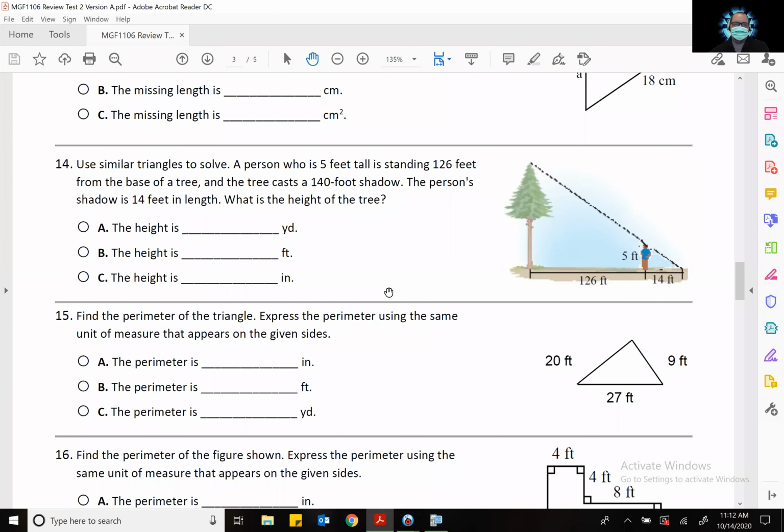All right, number 14. We're using similar triangles here, and they gave us a nice, lovely picture with the tree, and then where we're standing, and then what the sun is doing to us.